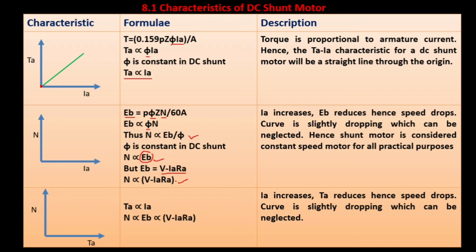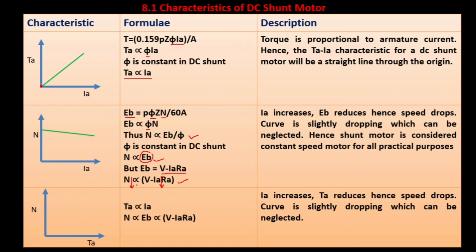Now I'm subtracting a term from the voltage. That means the resultant would be reduced. If I reduce the value of Ia, then the entire term will be reduced slightly, not directly proportional, but slightly. That means if I reduce the armature current, it will reduce the value of speed also, but slightly.